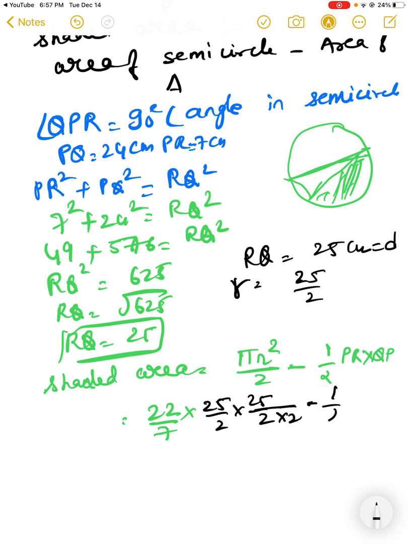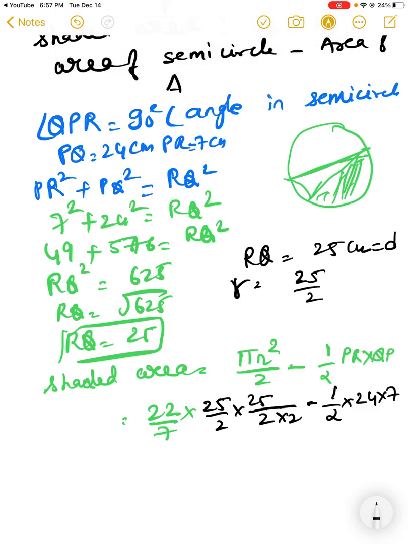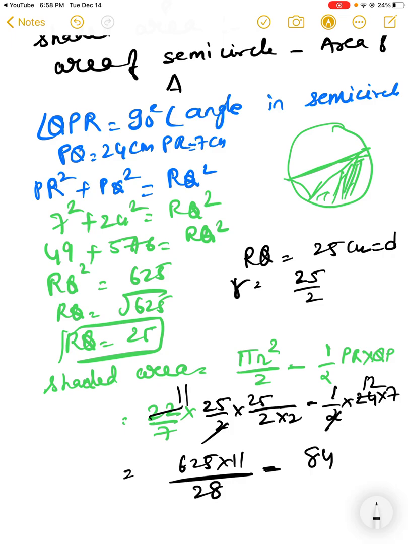So into half into 24 into 7. Now here 2 11s are, 625 into 11 upon 4, minus 12 7s are 84. Okay.